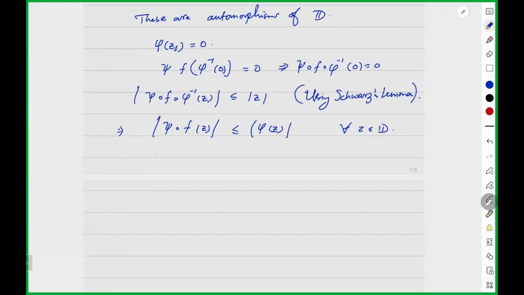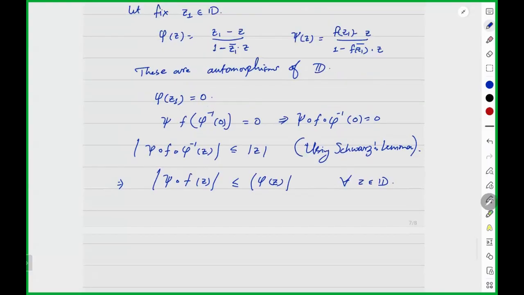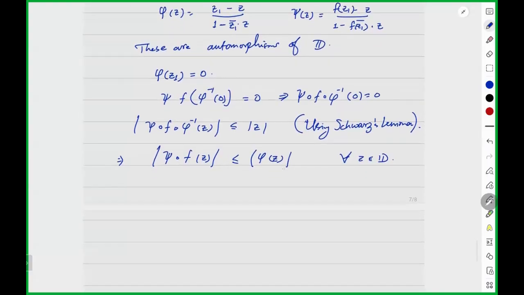Then phi of z2 will be z1 minus z2 divided by 1 minus z1 bar into z2, its modulus.